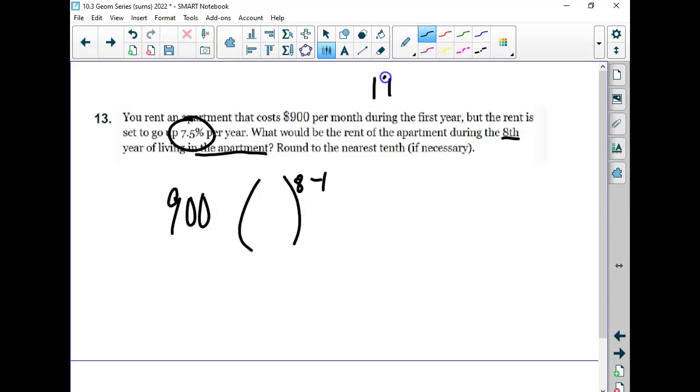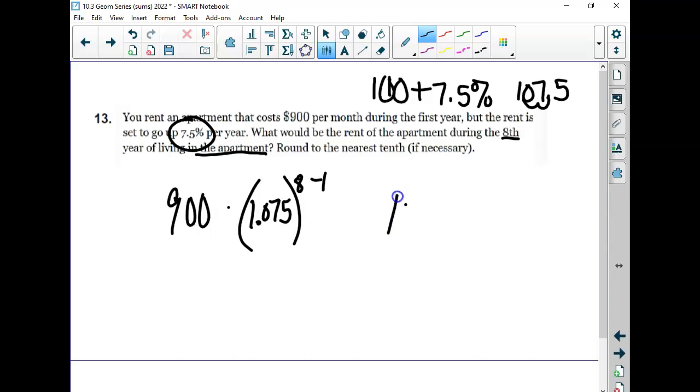Yes, 100% plus 7.5% would be 107.5. You move the decimal twice, we're going to have 1.075 in here. All right, type that in. I think you're not going to be very happy with your rent if you thought you were only going to pay $900 forever. $1493.14.